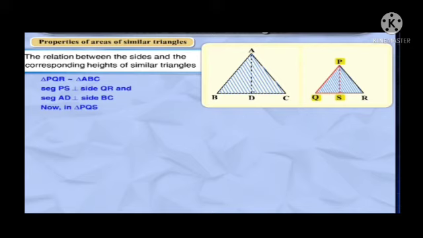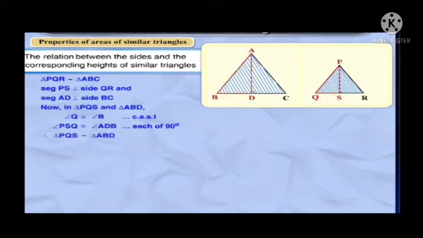Now, in triangle PQS and triangle ABD, we get angle Q is congruent to angle B, corresponding angles of similar triangles, and angle PSQ is congruent to angle ADB, each measuring 90 degrees. Therefore, triangle PQS is similar to triangle ABD by angle test of similarity.